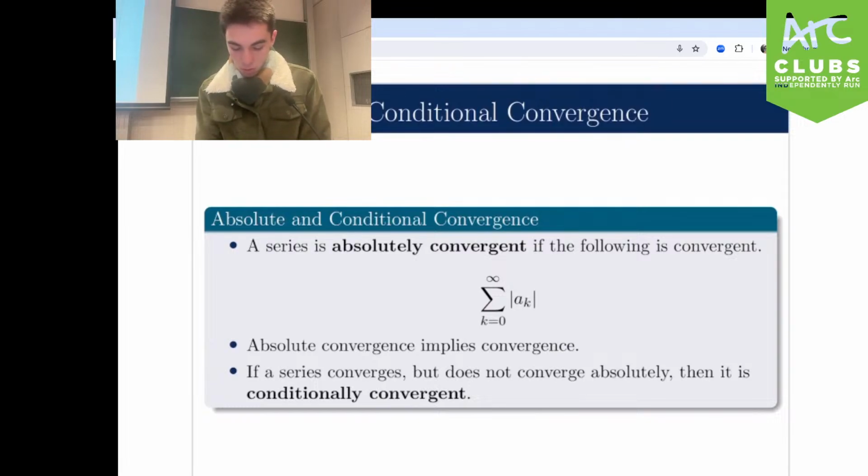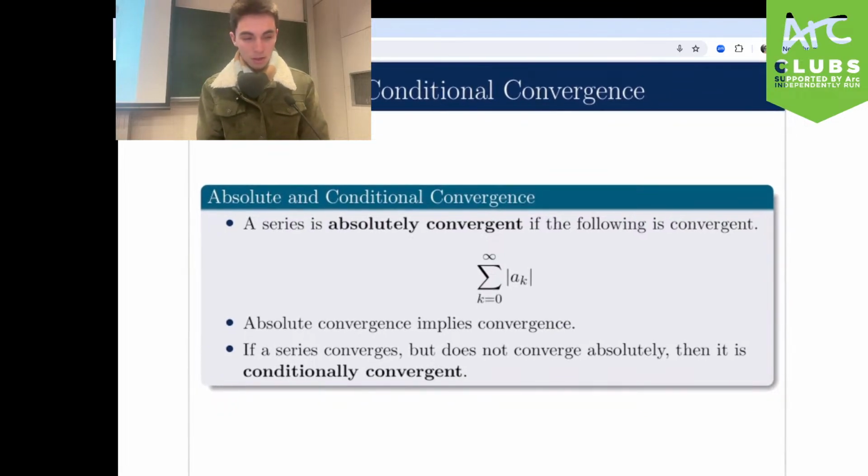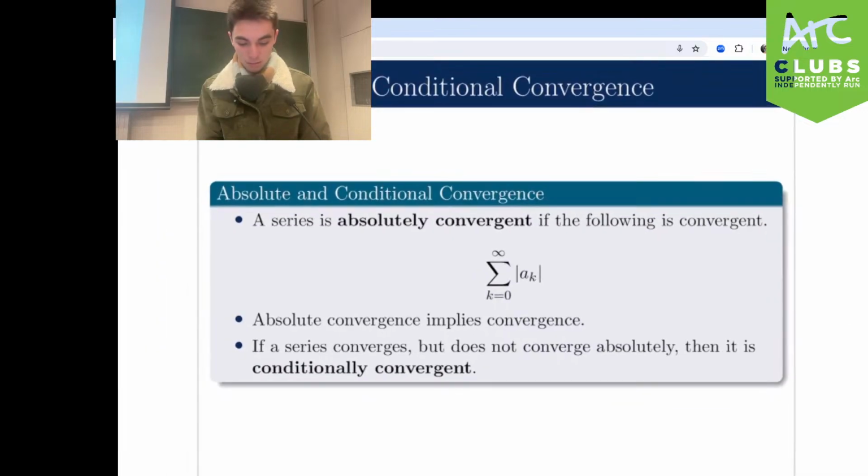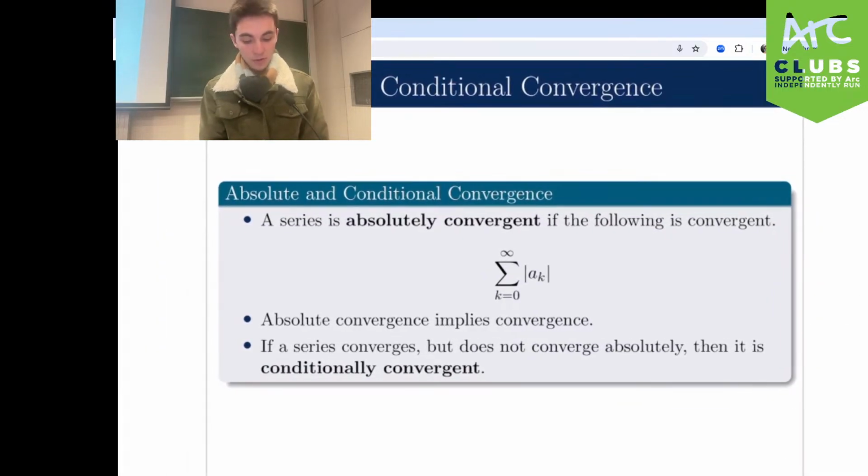Another idea that we need to cover is absolute and conditional convergence. We say that a series is absolutely convergent if the following new series, where each term of the sequence had an absolute value applied to it, is convergent.